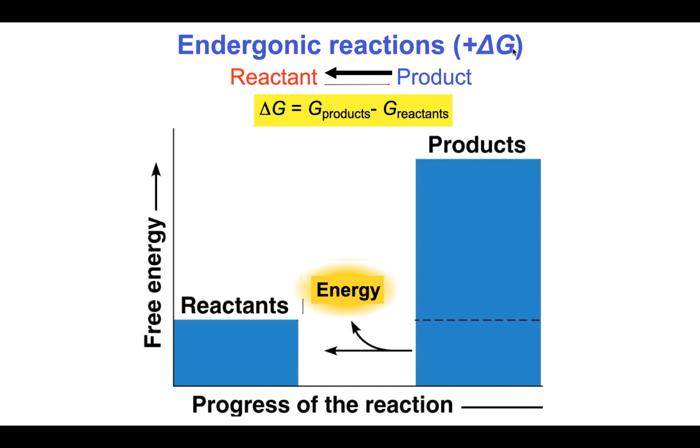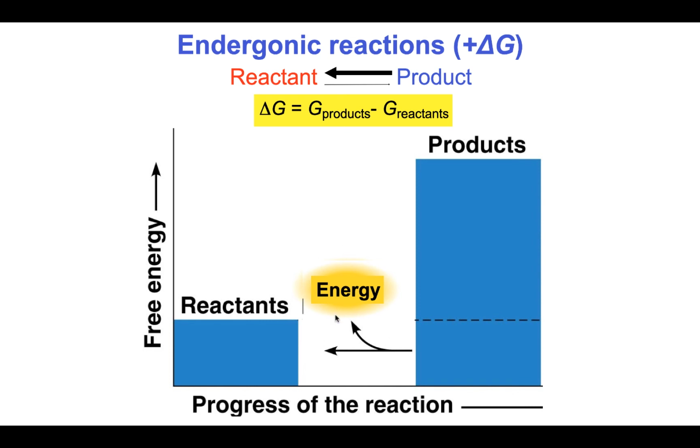However, that doesn't mean nothing is going to happen. What that means is if you put those reactants and those products into a little microcentrifuge tube or a beaker and you say, okay, let's let it run, what's going to happen is the reaction is actually going to run in the reverse. Product is going to be broken down into reactants.